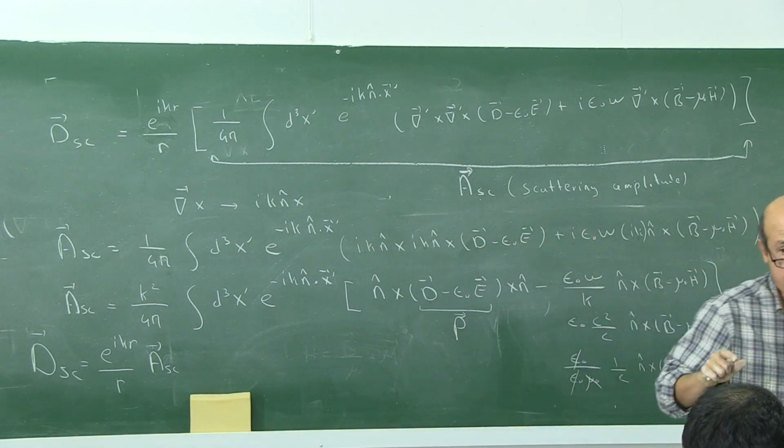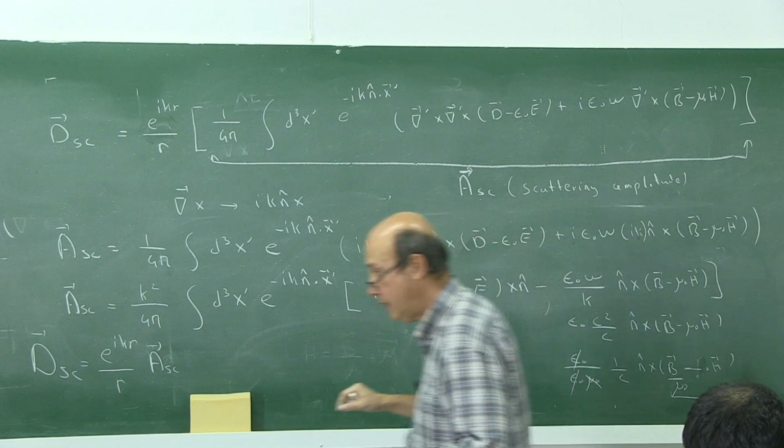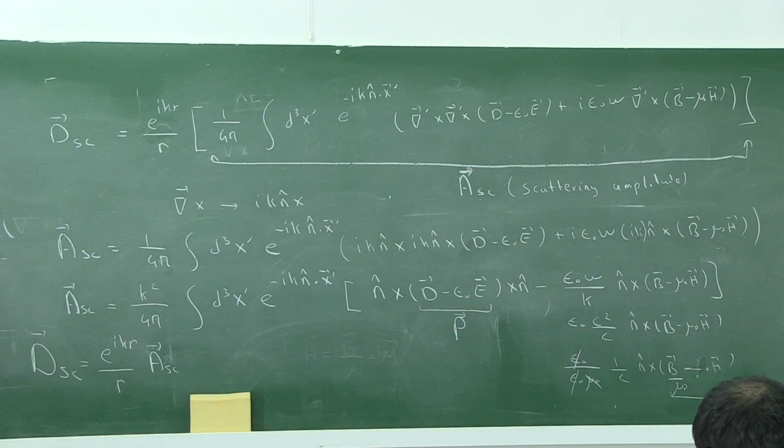Now let us pause for a minute and look at what we did when we studied the scattered field in terms of the dipoles. Remember, a single dipole. What was the formula? So I have to find and write it.